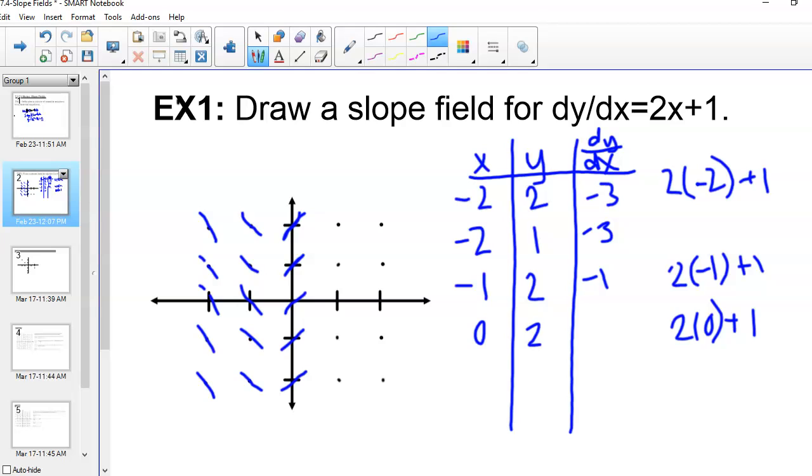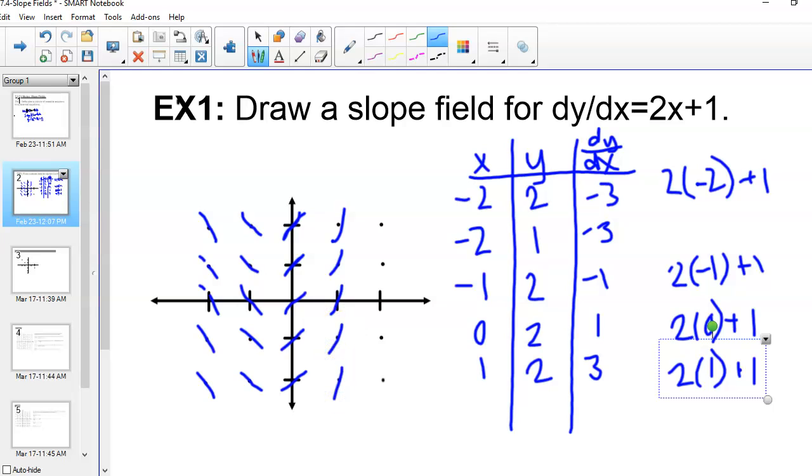Next, I would have 1, 2, and let's see, that was a positive 1 there. And so I would do 2 times 1 plus 1, which is going to give me 3. So right here we can put in a slope of 3. For all of these, they need to look a little steeper than that slope of 1.